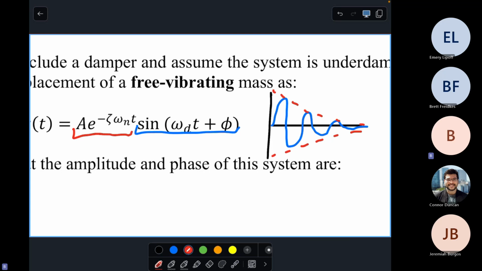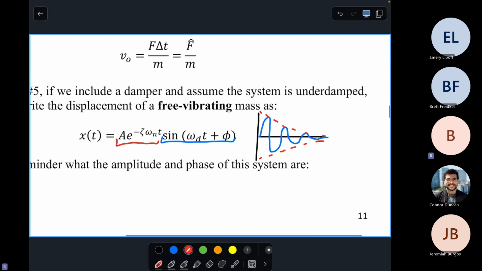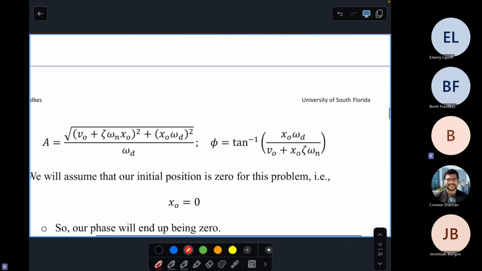But it still decays sinusoidally and exponentially. Is that clear? Matt, is that okay? So again, these equations are on your formula sheet. I expect you to be able to know how to use these in general. I know it's from the first exam, but again, this class builds on itself. So I expect you to be able to use these.